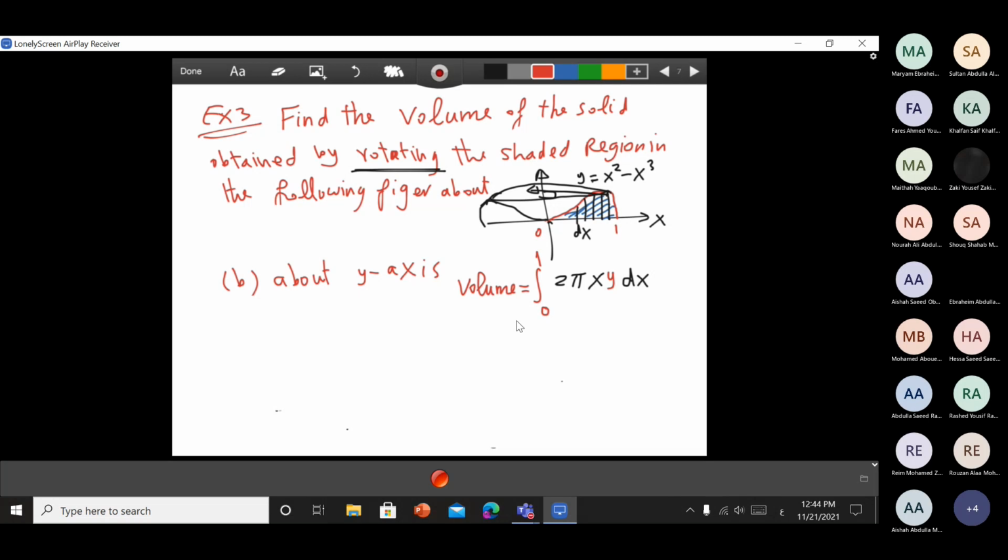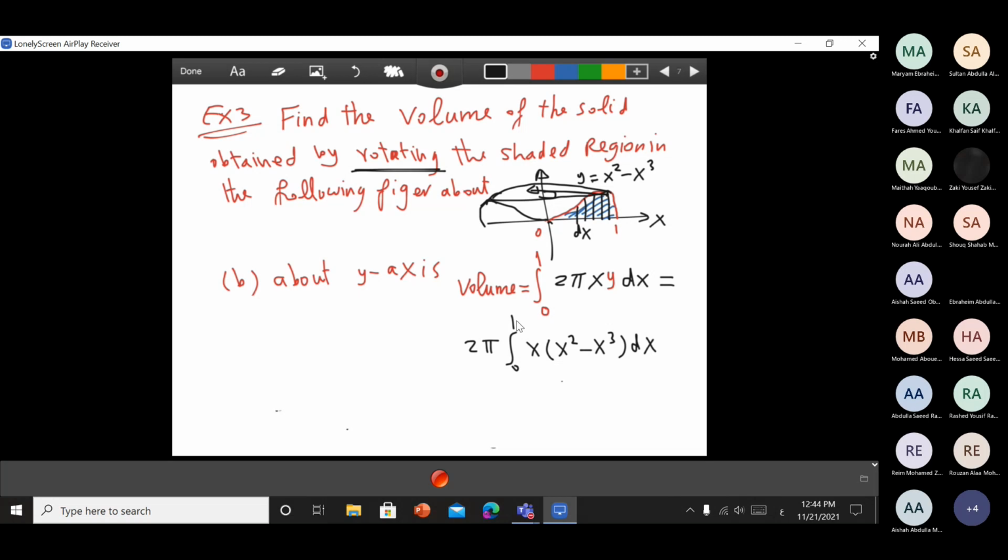Okay, let's do it. This one will be equal to 2 pi outside, integration from 0 to 1, x times y, which is x squared minus x cubed, dx.